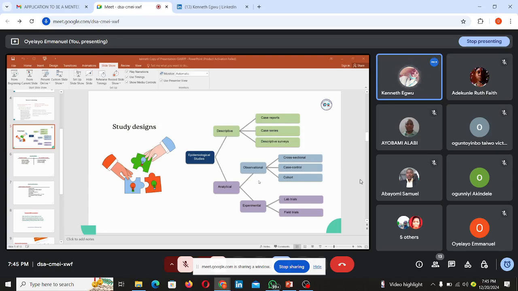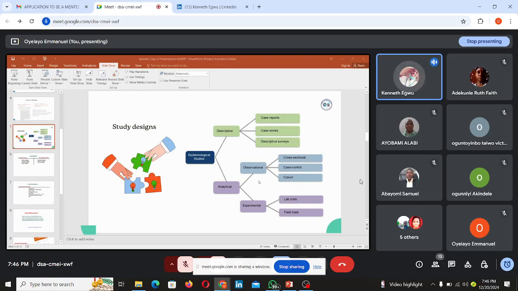Especially if you're conducting it in a community, you're not going to say, let me teach them about antimicrobial resistance so that they will be aware and I will get a high score that their knowledge is very good. So there is no intervention from you that will affect the outcome of your results.